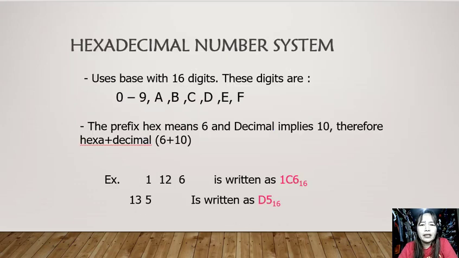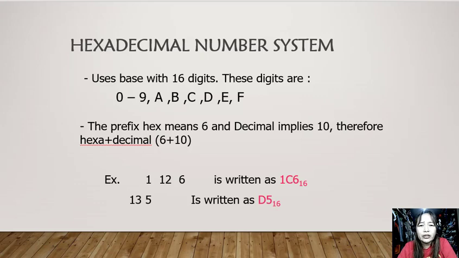Now let's move on to the last one, hexadecimal. With the hexadecimal number system, you have 16 digits: 0 up to 9, which is already 10 digits, with letters A, B, C, D, E, F. These letters imply 10, 11, 12, 13, 14, and 15.